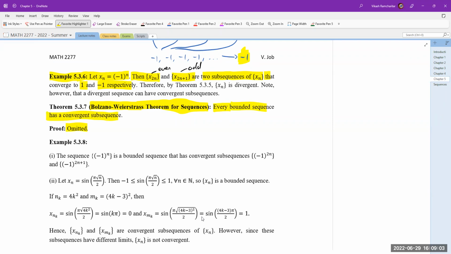Okay, so if a sequence is bounded, it doesn't matter. If we know xn is bounded, does this imply that it converges? No. Bounded does not imply it converges.